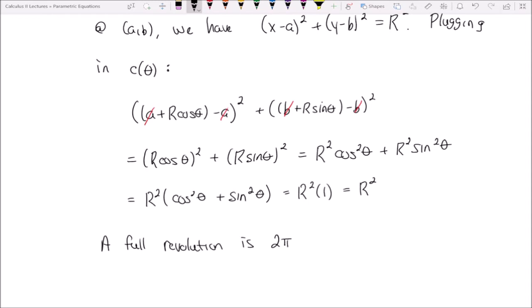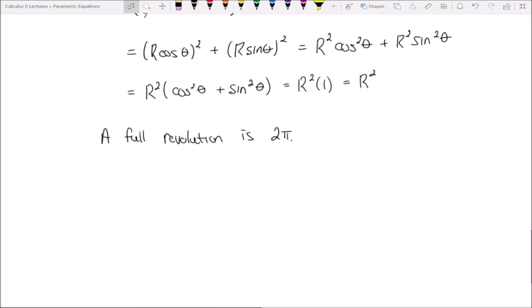Right, a full revolution is 2 pi, right? So that shows that theta will go from 0 to 2 pi. So our claim is correct. And it's just going to be formally stated here.